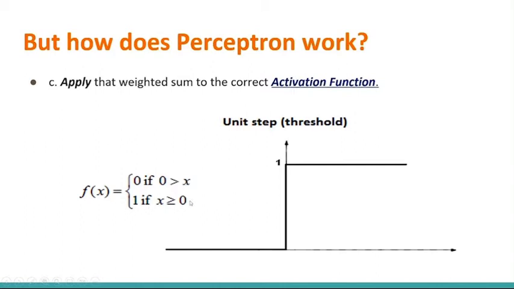And f of s equal to 1 is for non-negative, 0 and above. When you look at the side of x at 0 here, when y equals 0, you are referring to the negative side of x, right? And when s is non-negative, f of s is going to be equal to 1. So that is a threshold.